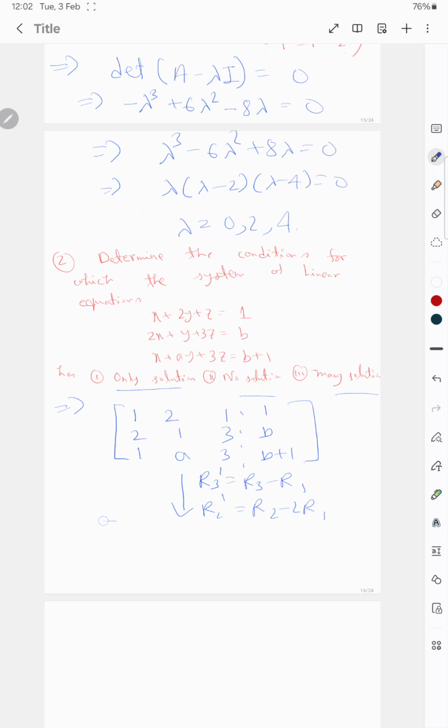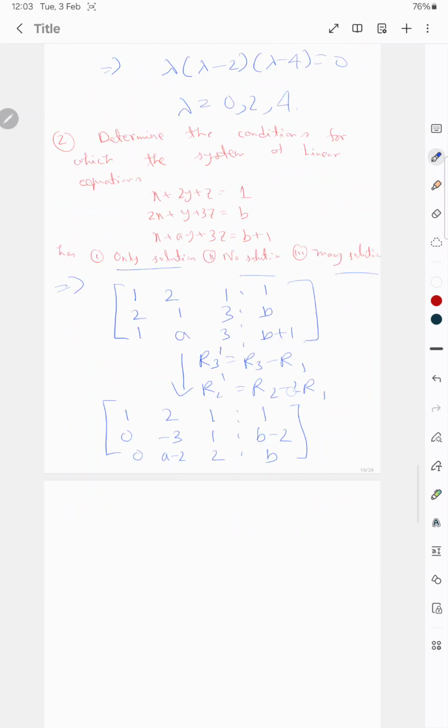This type of operation you do. I'm writing that directly because you know how to solve this type of problem. Okay, so 0 minus 3 1 b minus 2, 0 a minus 2 2 and then b. So you have this type of thing.